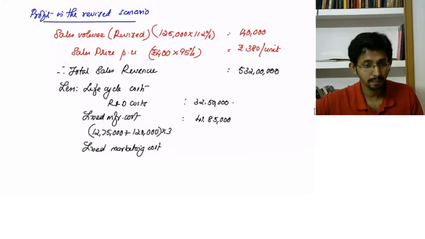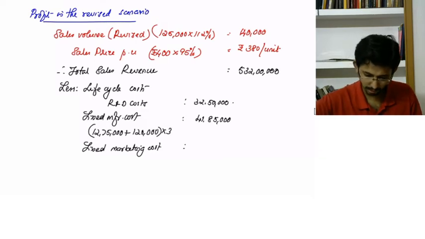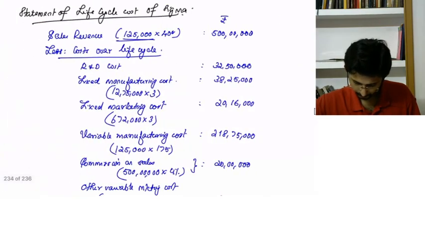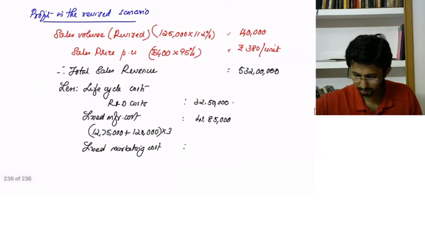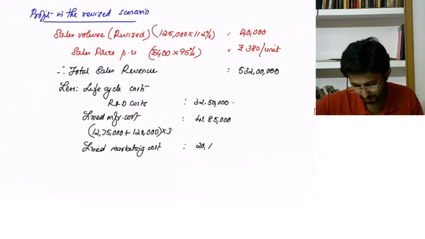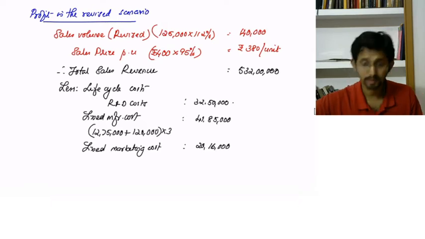Will there be any change in fixed marketing cost? No, it will be 6,72,000 into 3 itself. Earlier also it was the same, 20,16,000. Here also 20,16,000.